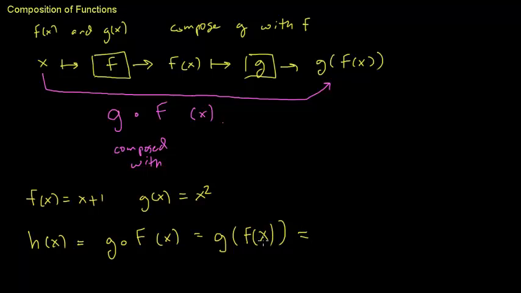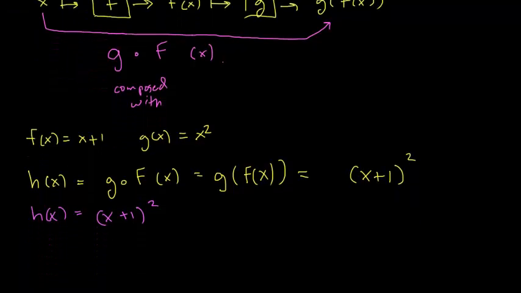Now let's write down what that actually is. f of x is x plus 1, and g of the argument is just the argument squared. And so there we have it. h of x, which is g composed with f of x, is just x plus 1 quantity squared. So we've combined these two functions to create a new function.